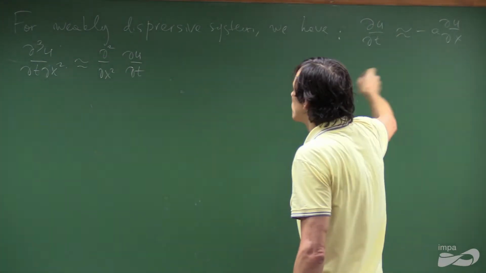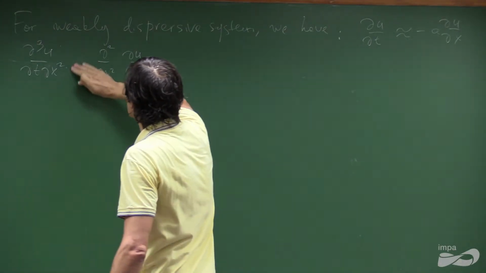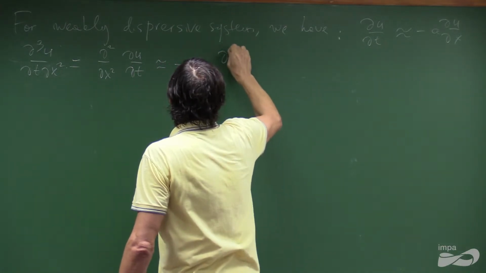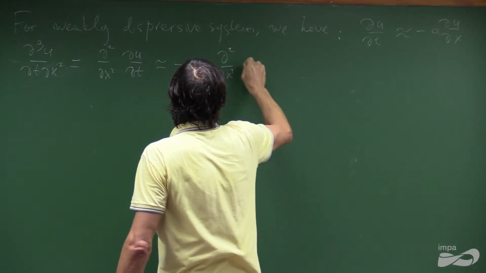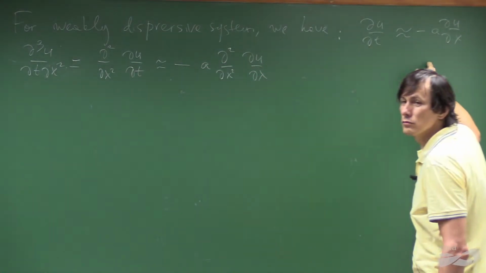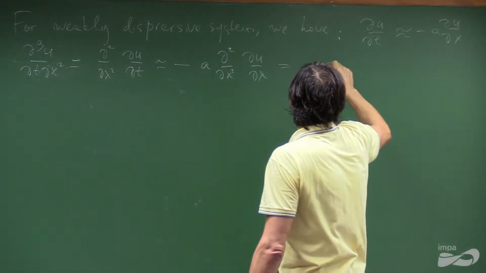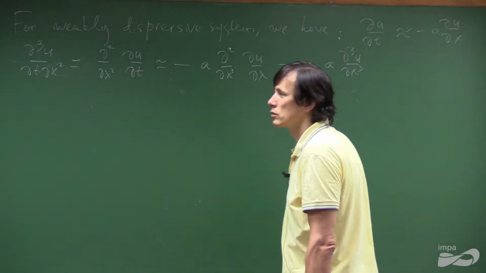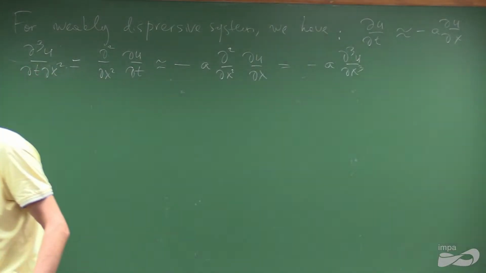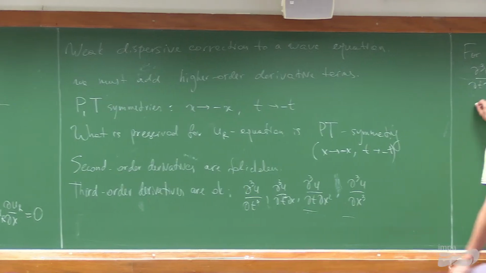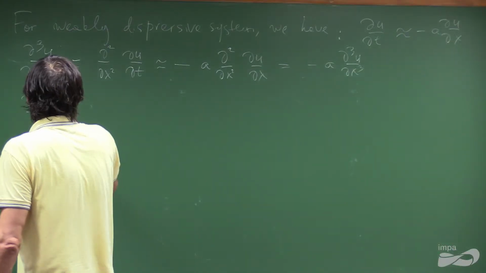We use this formula, so this is exactly, and then it's approximately minus a d²/dx² du/dx. We use this formula, and this is the third x derivative. So we see that this term and that term are approximately the same.